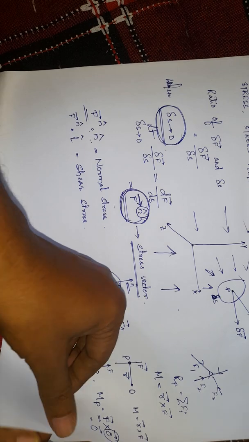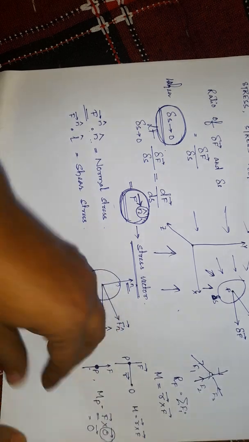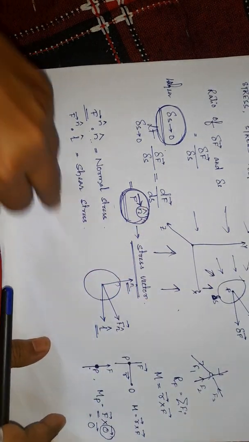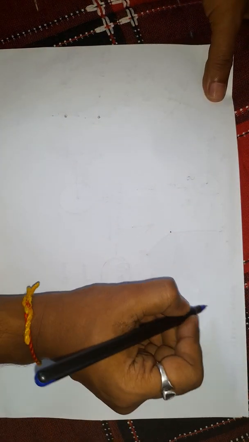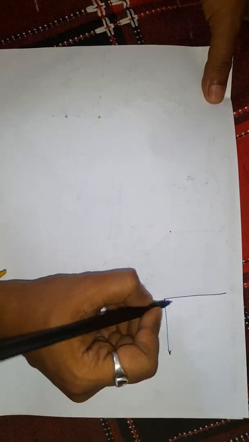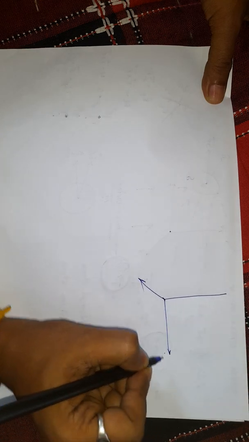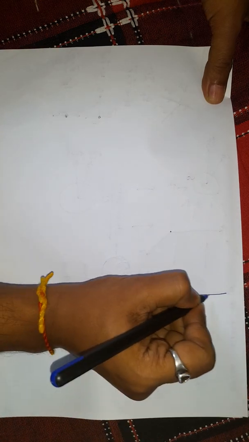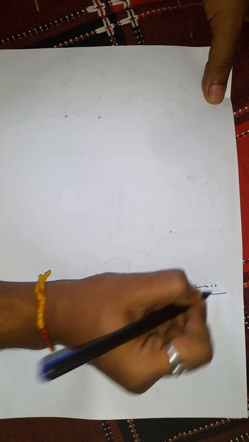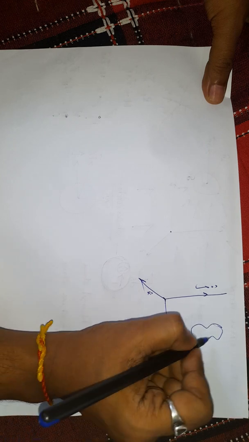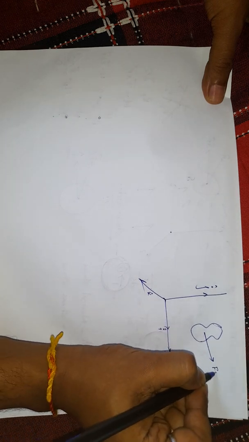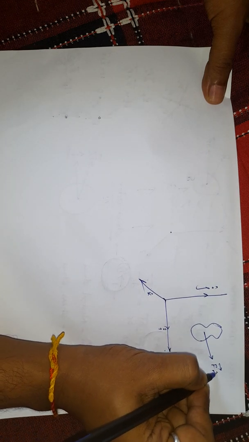Now you come to this figure. So let us discuss it on another page. So just what we have stated, this is our Cartesian coordinate system, i cap, this is j cap, this is k cap, and that was our surface, and this was our stress vector.